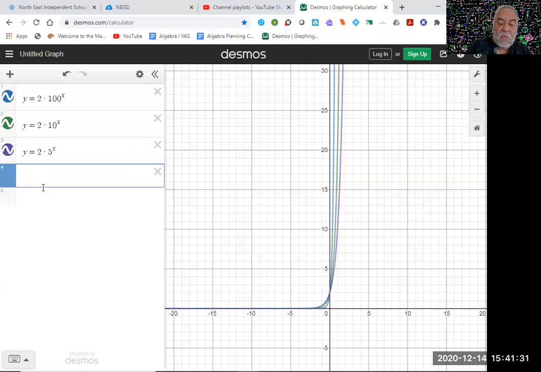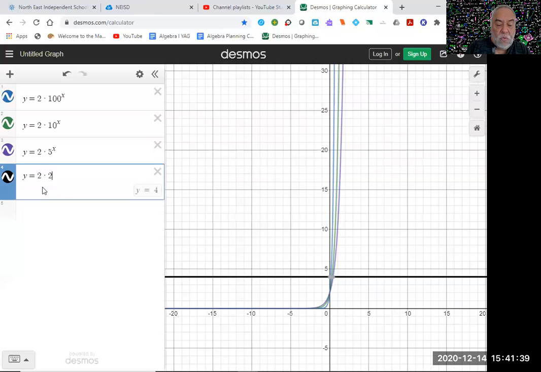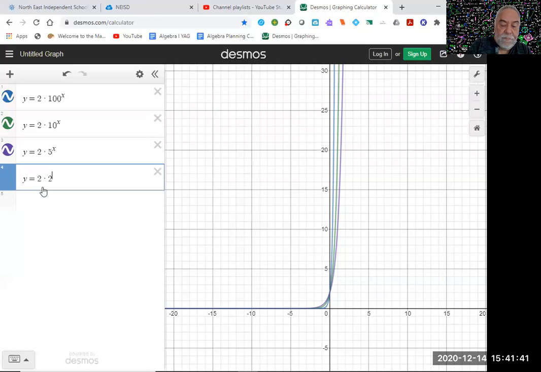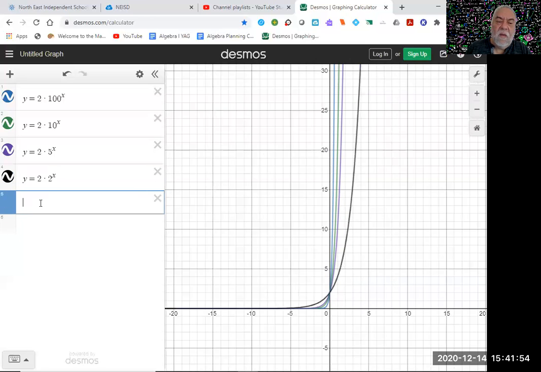You can see where we're going on this. Y is equal to 2 times 2 to the x. It's growing less sharply, but still it's doubling every time. It goes 2, 4, 8, 16, and so forth.